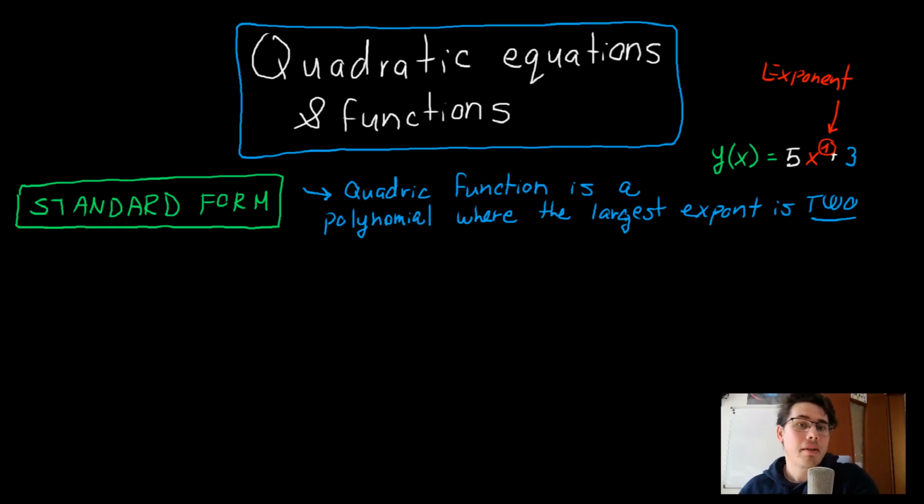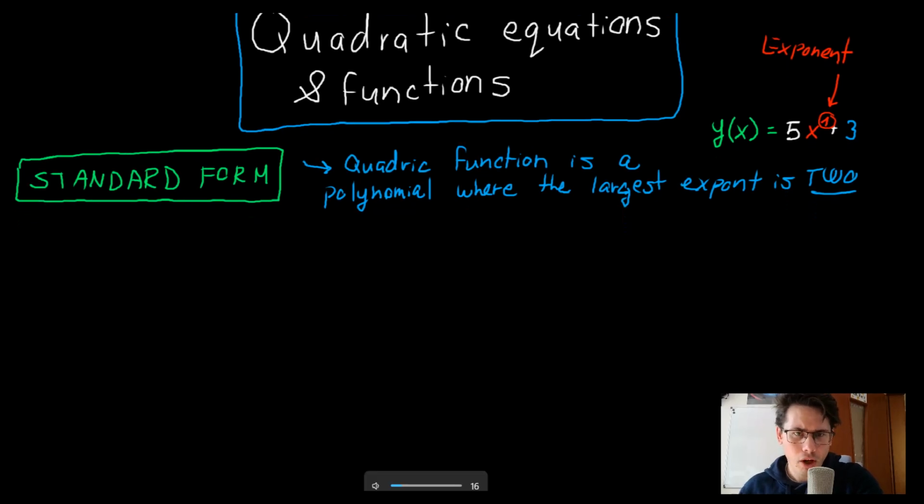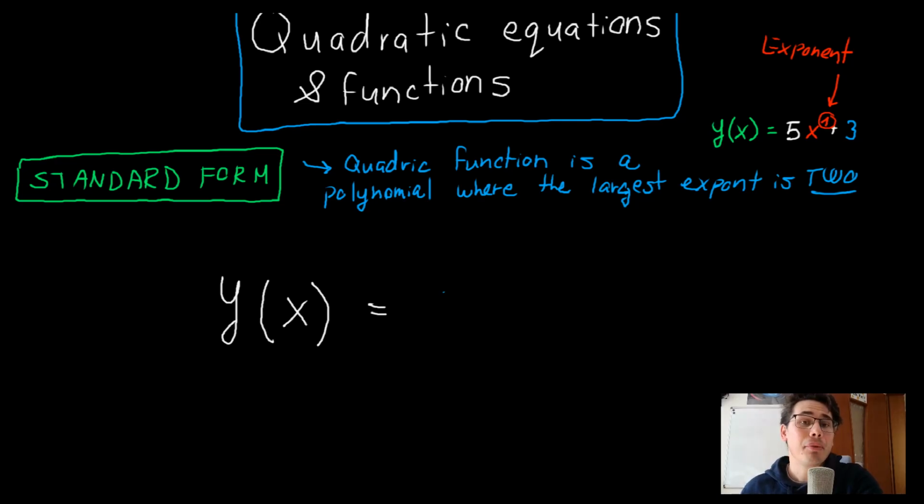So let's write down the standard form of just what a quadratic equation or function looks like. Let's go. So we have a very nice y of x. This is our function, and it's going to have 3 terms.